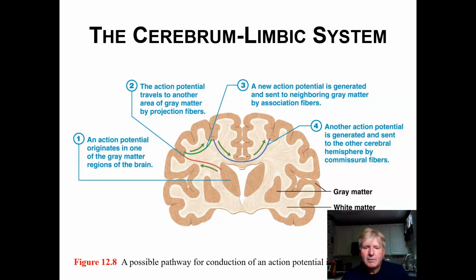And then another action potential is generated and sent to the opposite hemisphere by the commissural fibers. So first you have your projection fibers, your association fibers, and then your commissural fibers. Okay, so that's your three fiber types, and that allows communication between multiple areas of the brain.